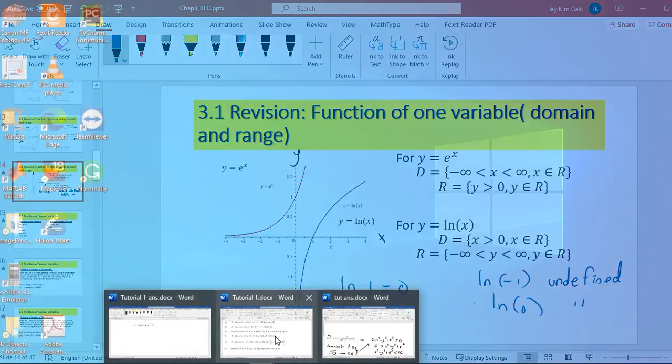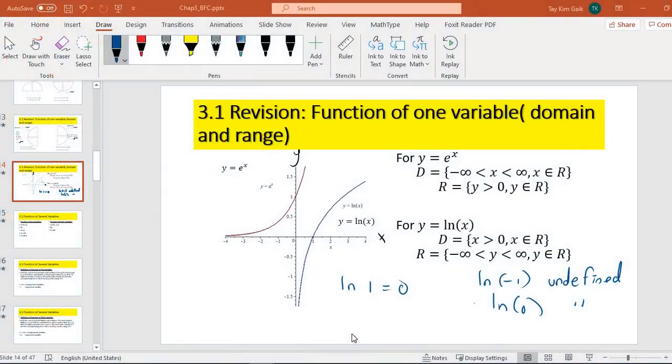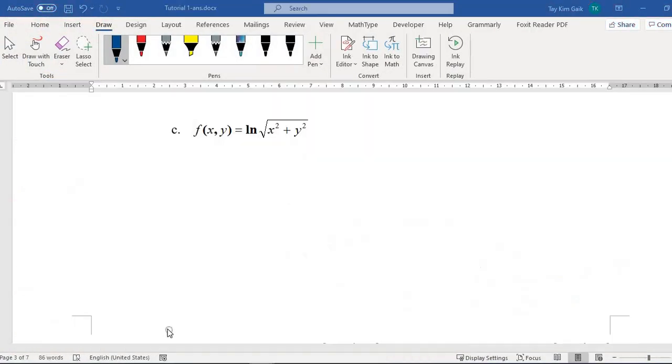With this, you look at this one. Ln of the square root of x squared plus y squared. This is a positive square root. That's why ln of a positive value is defined. And then x squared is positive, y squared is positive.